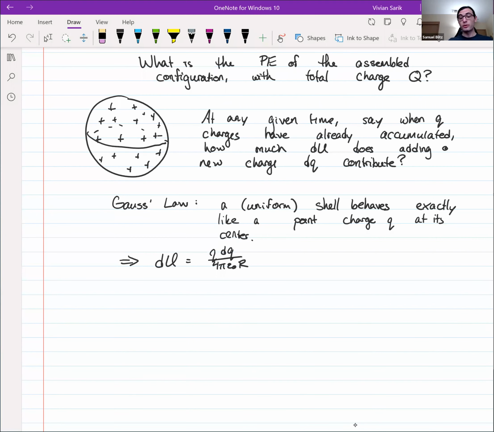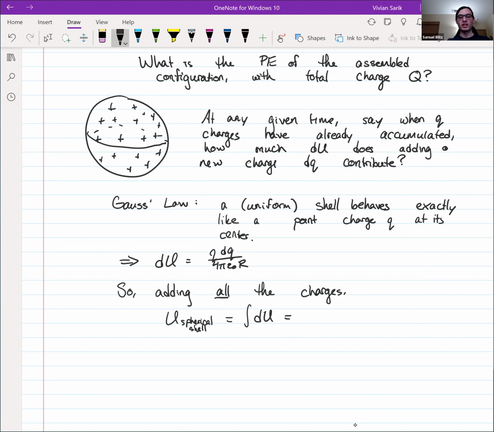So then all we have to do now is just add up all of these little contributions from 0 all the way up to capital Q. We get that the potential energy of a spherical shell is equal to an integral of dU over the entire sphere. I'm not even going to put the bound there. And so we can just do this replacement.